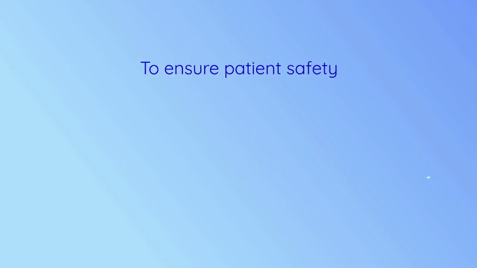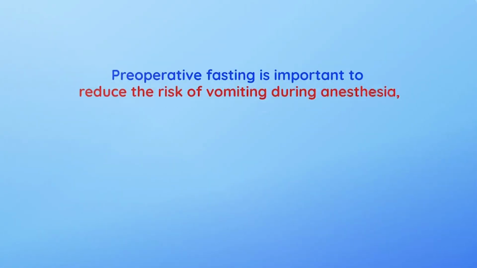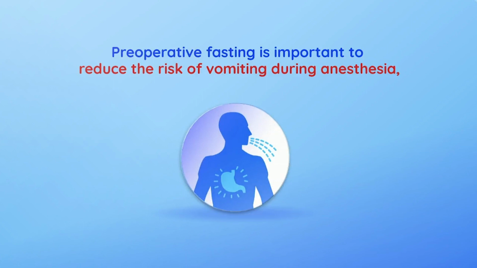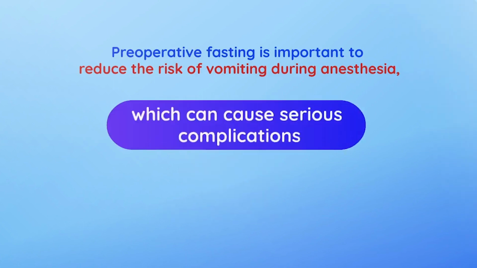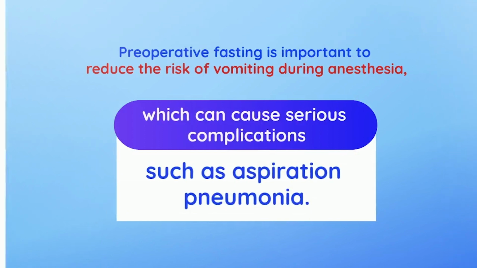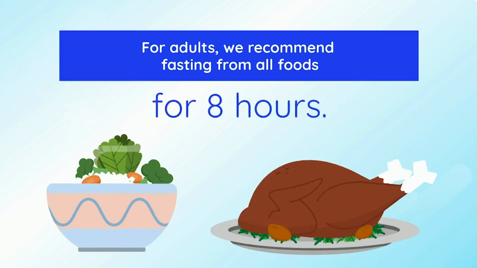To ensure patient safety during anesthesia, it is necessary to correctly follow the fasting guidelines. Preoperative fasting is important to reduce the risk of vomiting during anesthesia, which can cause serious complications such as aspiration pneumonia. For adults, we recommend fasting from all foods for 8 hours.